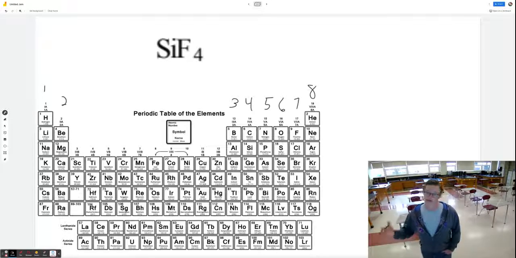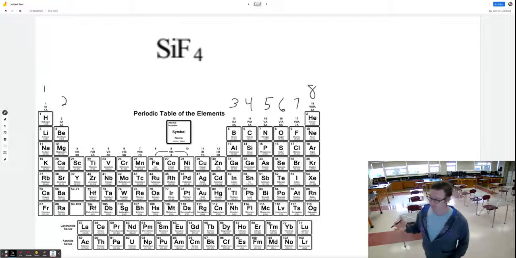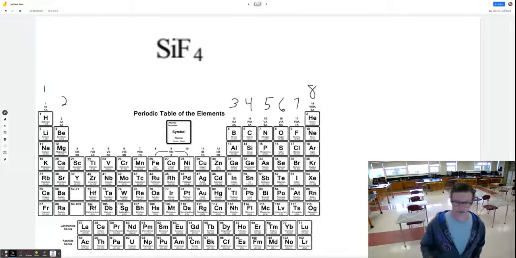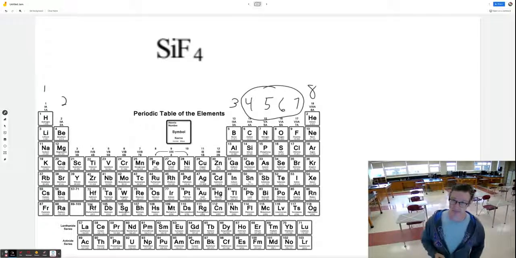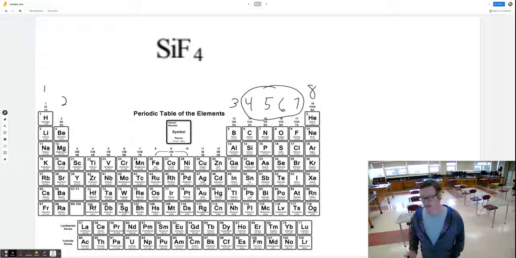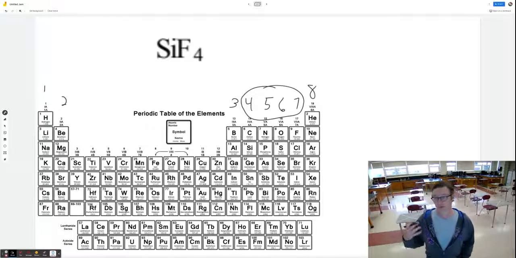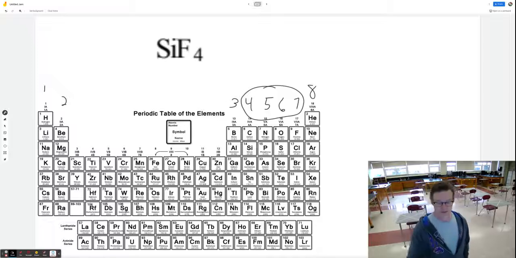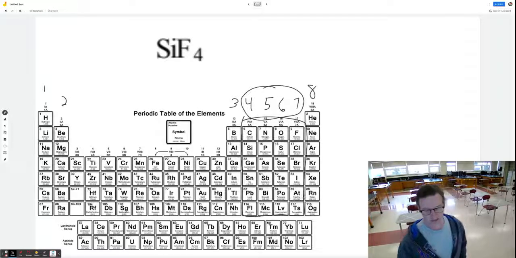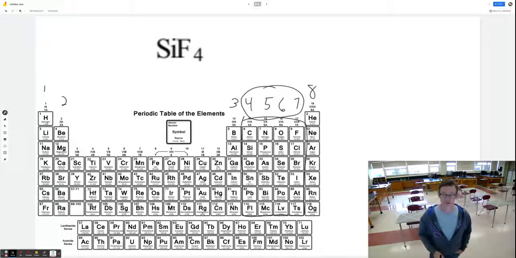Now, in these problems, we're talking about covalent bonds. We're really going to live in the 4 to 7 range. Okay, the 8s, the noble gases, don't tend to form bonds. The 1s, 2s, and 3s, those are your metallic elements that are going to tend to form ions. So really, we're in this area of the periodic table almost exclusively.